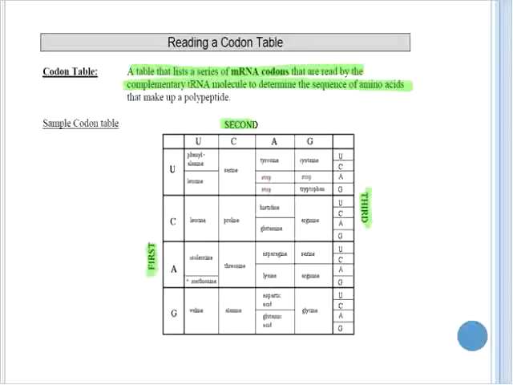So if we knew that the DNA sequence was A, T, C, the corresponding messenger RNA would be U, A, G.